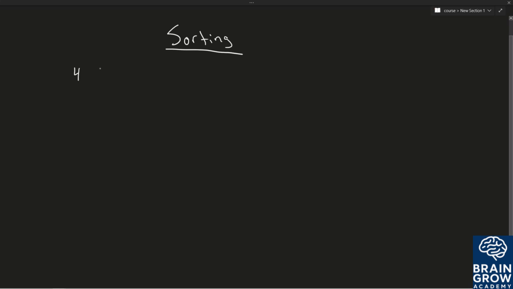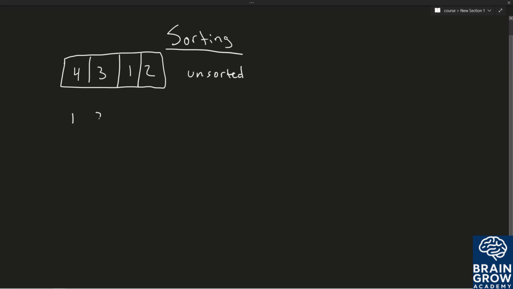So we'll start off and we'll have a vector of 4, 3, 1, and 2. So it's completely unsorted right now. Unsorted. If we want to go into ascending order, we have 1, 2, 3, and 4.